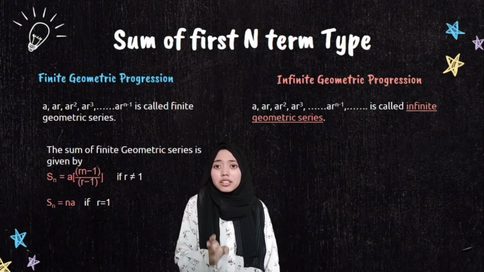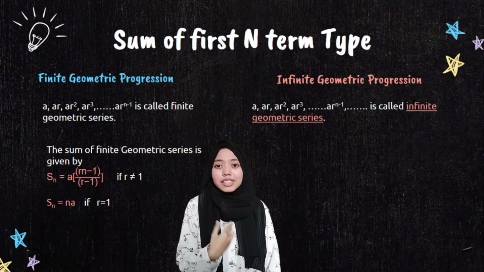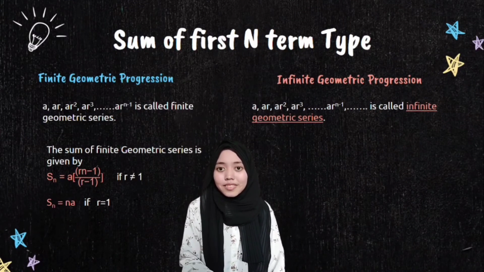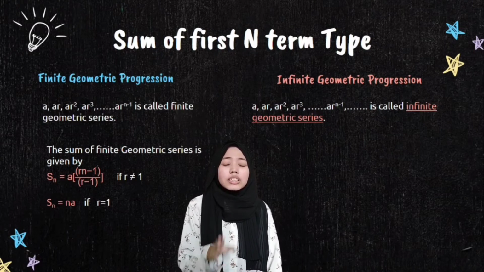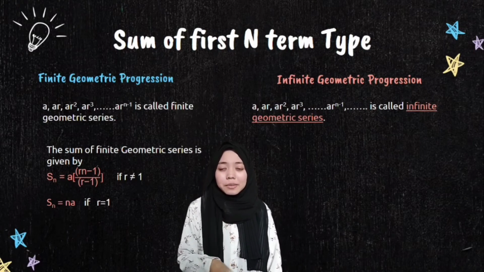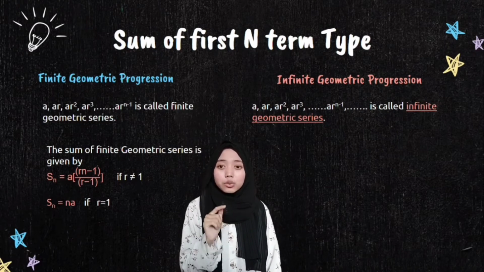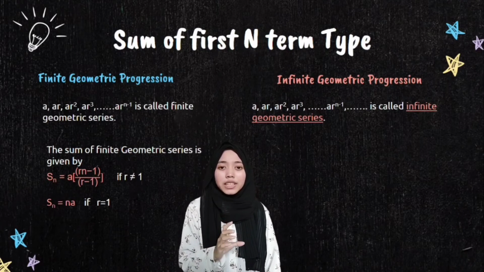And the sum of the finite geometric progression is Sn equals a times in bracket r to the power of n minus 1, divided by r minus 1, if r is not 1.